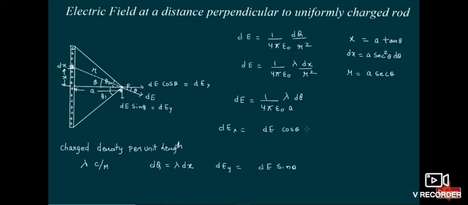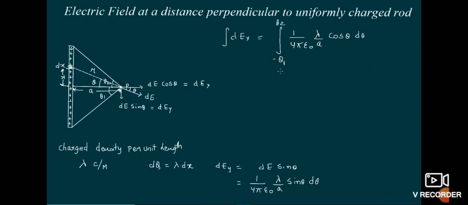Therefore dEx is 1 by 4 pi epsilon lambda by a cos theta d theta, and dEy is expressed as 1 by 4 pi epsilon lambda by a sin theta d theta.